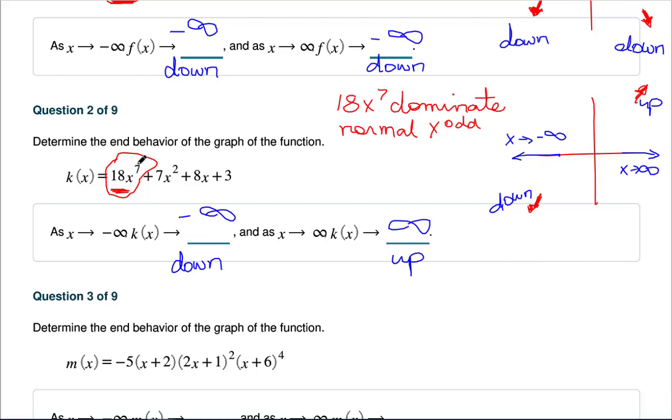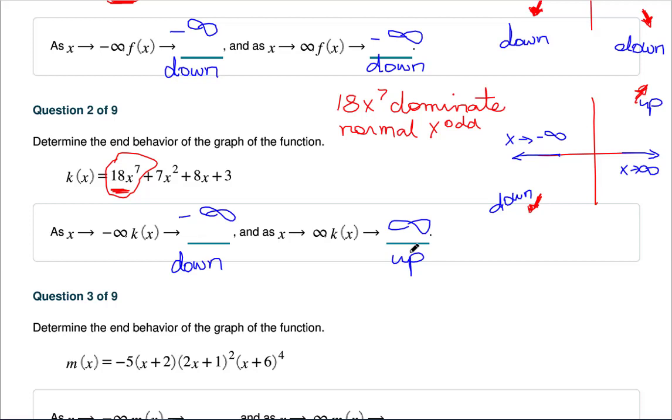It's x to an odd power, so it's going to look like a normal x cubed, where the left side is down and the right side is up. So as we head to the left forever, the output is going toward minus infinity. And here, if we head to the right forever, we're going up forever, and so k of x is going to positive infinity.